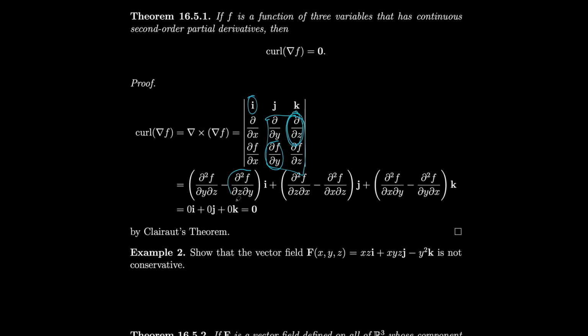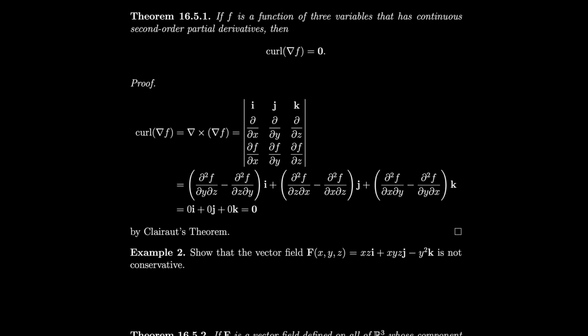So that'll be our second term for i. We do that for each of the components, i, j, and k. And notice we have equality of mixed partials because we have continuous second-order partial derivatives. So this becomes 0, these cancel, everything cancels, and we just get the 0 vector by Clairaut's theorem.